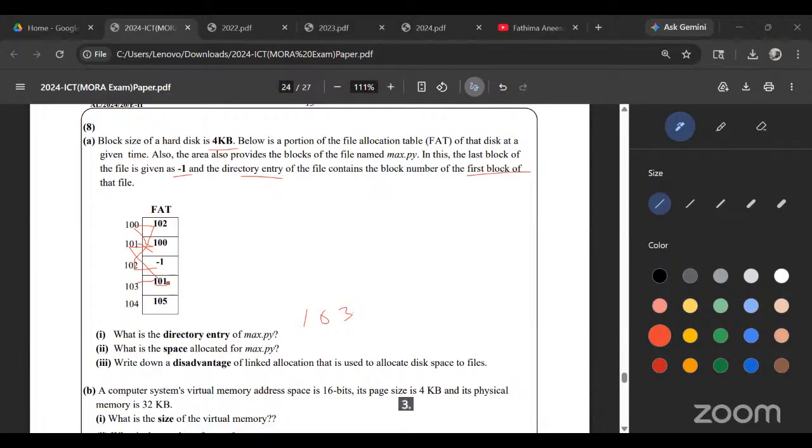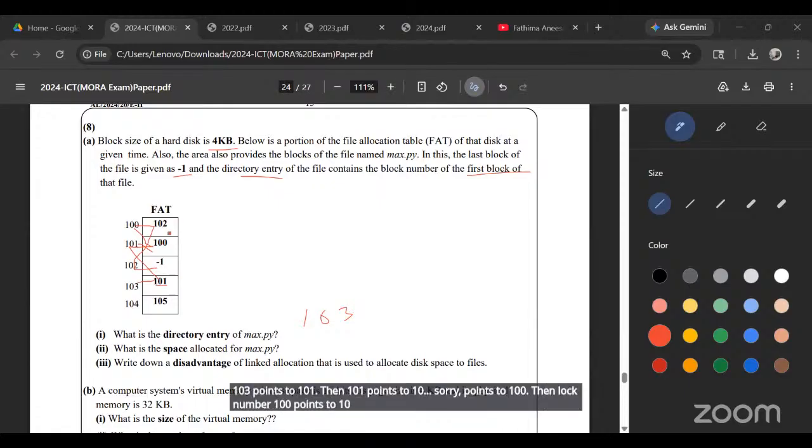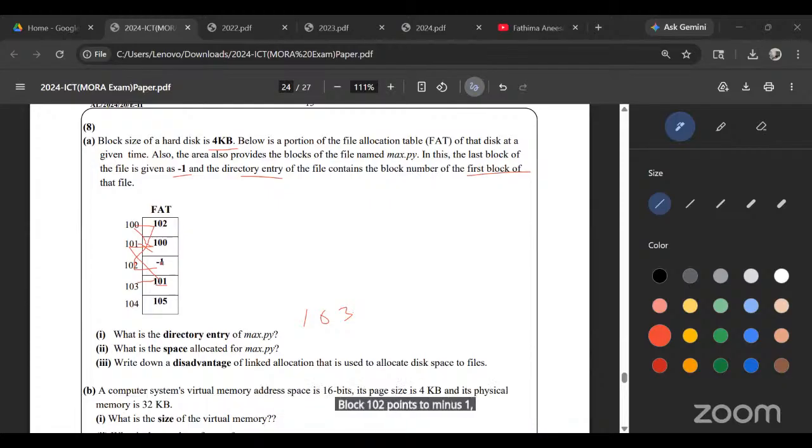103 points to 101. Then 101 points to 100. Then block number 100 points to 102. Block 102 points to -1, which shows the end of file.